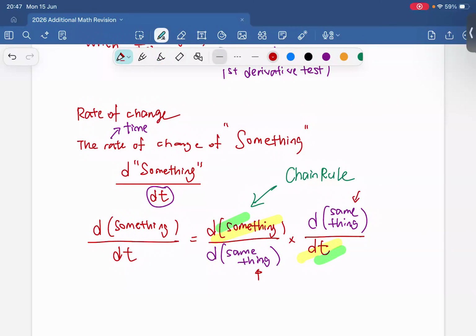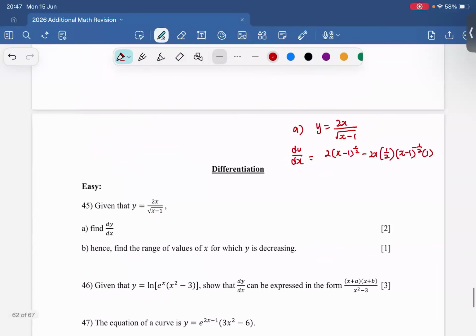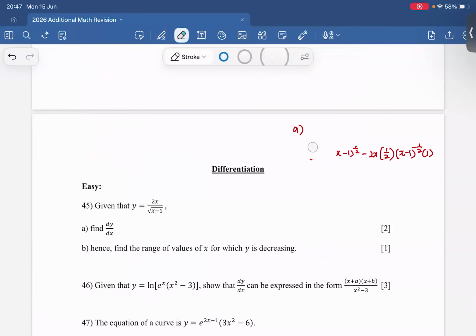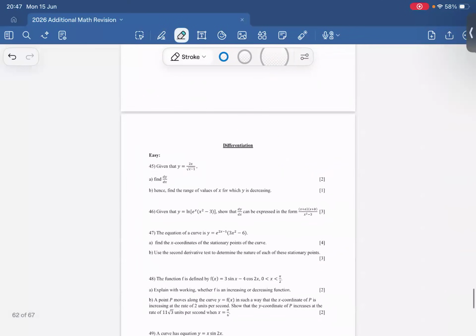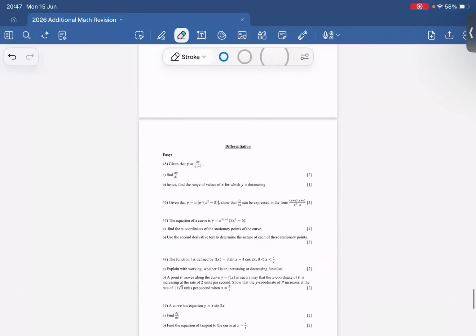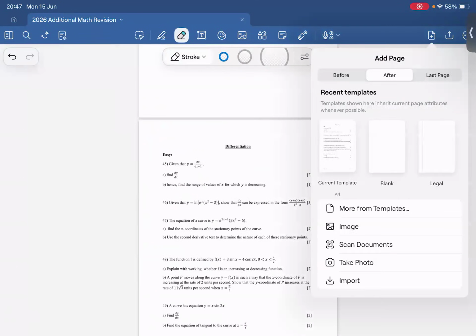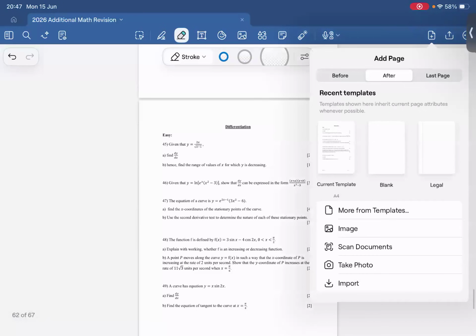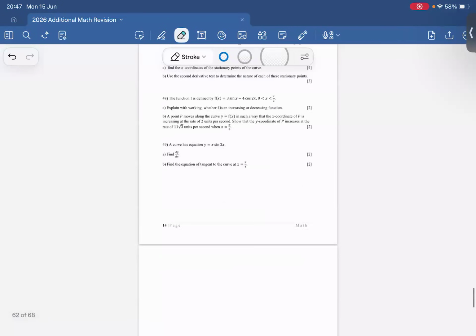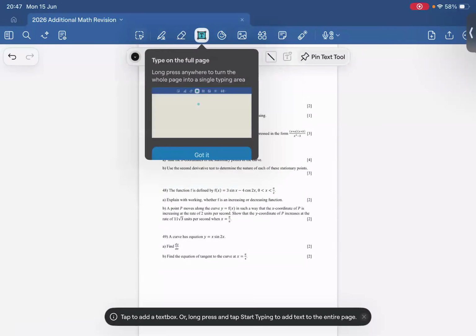These two must be the same variable. Let's take a look at some questions. I think I will copy and paste, there will be more space.